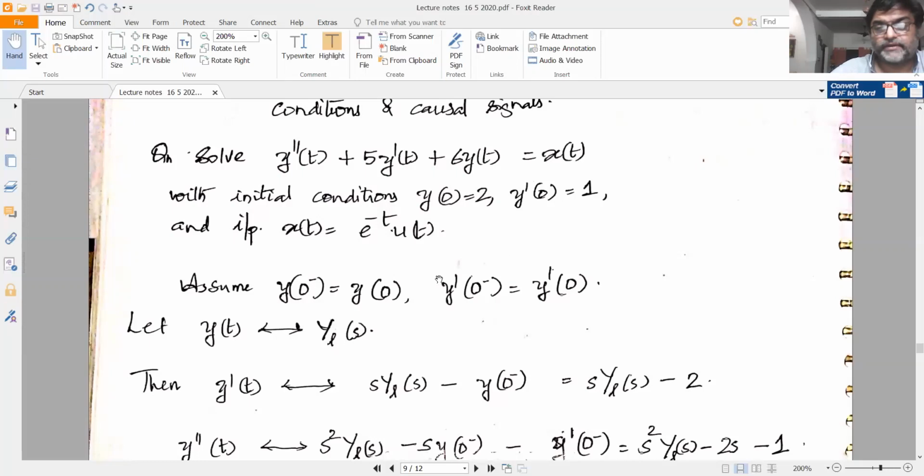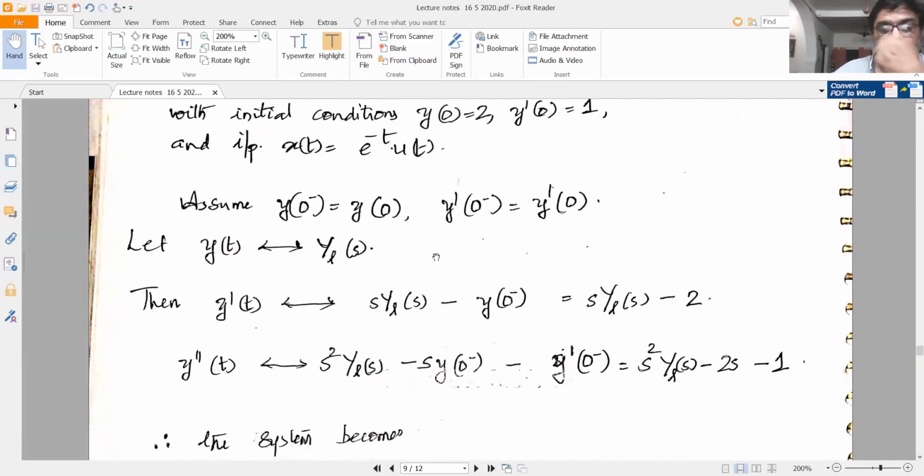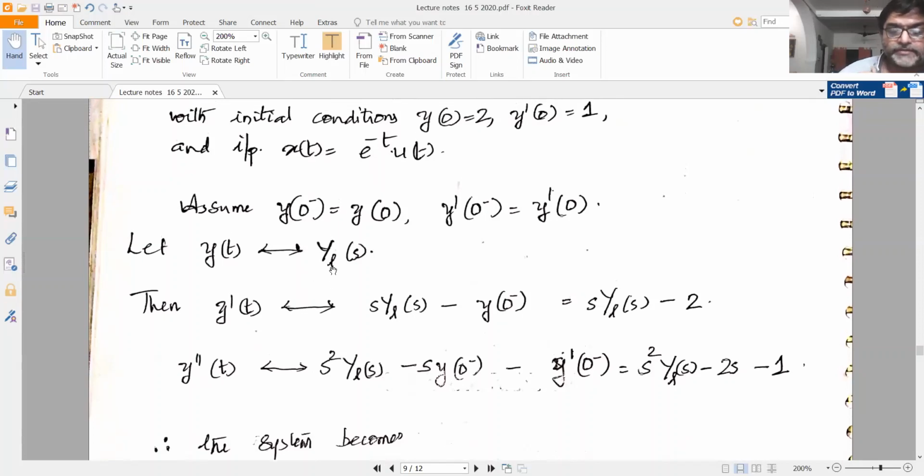So we'll assume that y of 0 minus, which is just before t equal to 0, is equal to y of 0, and y dash of 0 minus is equal to y dash of 0. And we will use the unilateral Laplace transform representations where small l is used as the subscript to distinguish that it is a unilateral Laplace transform.